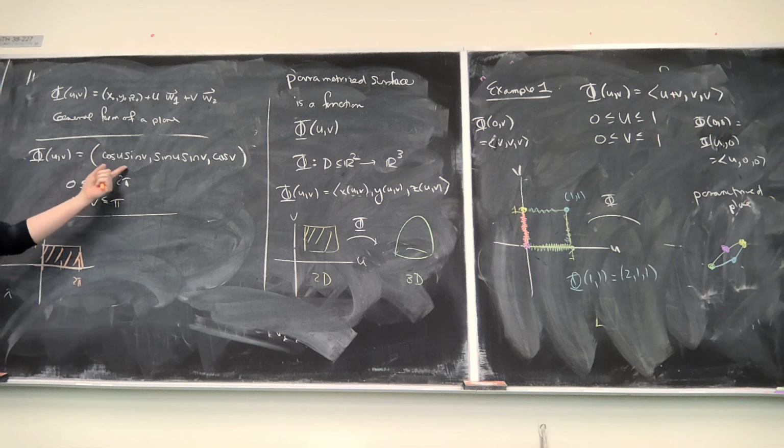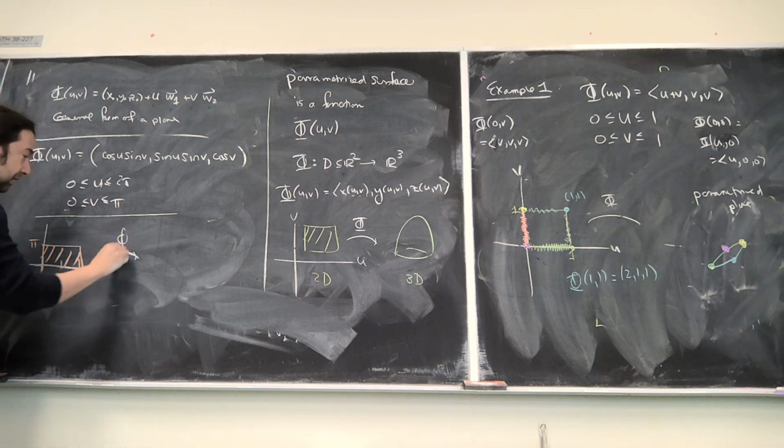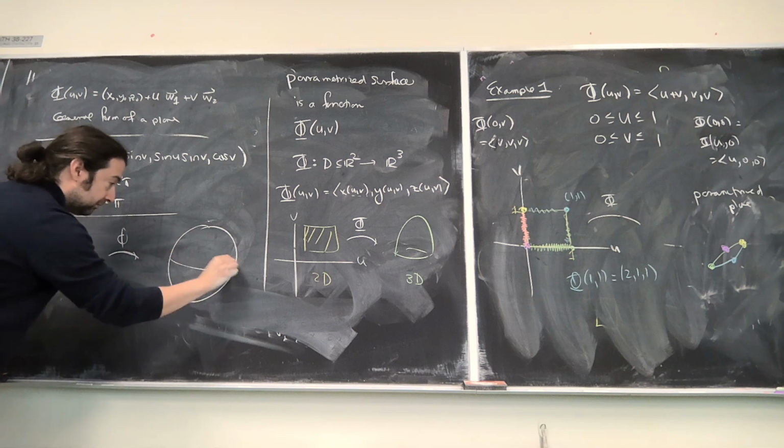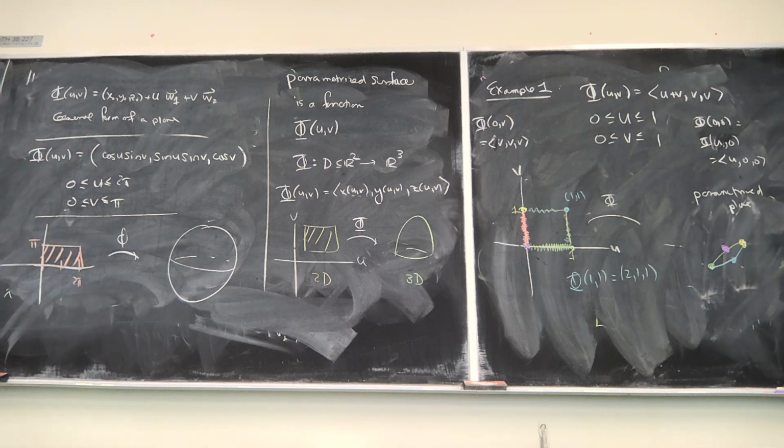But these are spherical coordinates. So this is a way to turn a sphere, sort of a notoriously hard thing to write, you've got square roots and plus and minus parts or whatever, into something simple. This map, phi, will eat that orange rectangle and turn it into a sphere. This is one way to parameterize spheres.